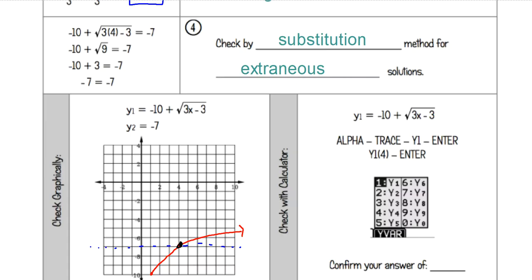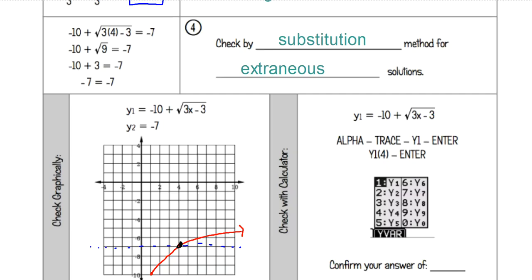You can also use your calculator and different methods depending on which calculator you're using. For the 84, you can see we enter the equation, so negative 10 plus the square root of 3x minus 3, and then you hit these buttons. So you hit alpha trace, so you're following along that curve of the radical, and then you want y1, that's the function that we put it into.